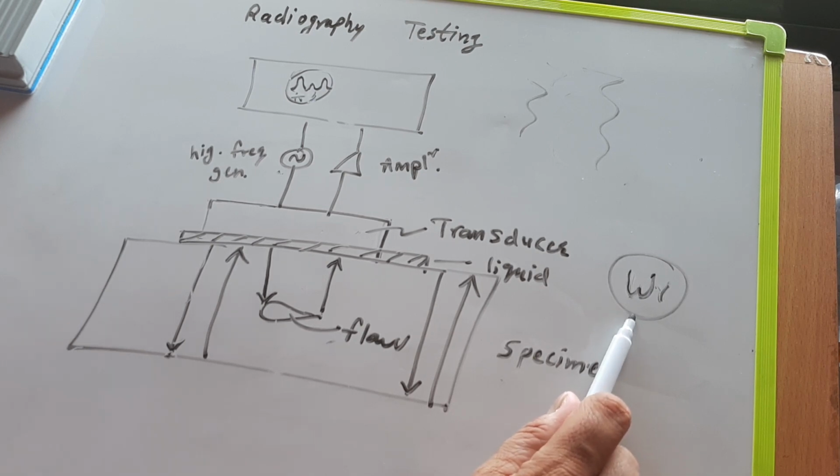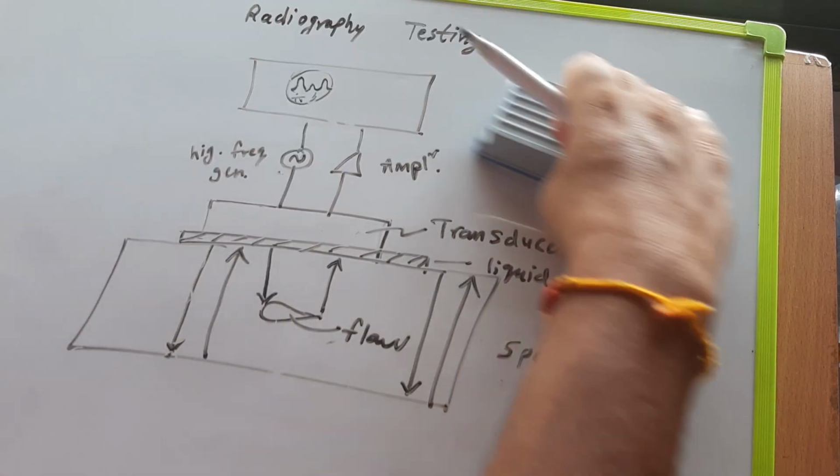Time delay between two pulses can be measured, and position of the defect can be calculated.